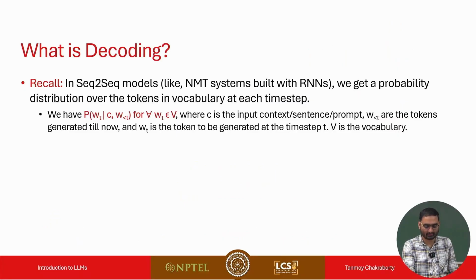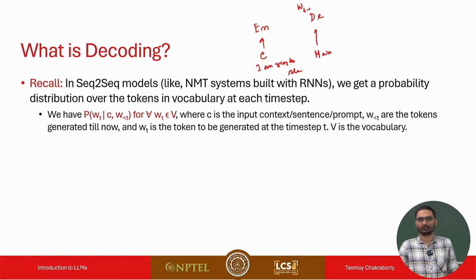As I mentioned, in a sequence to sequence model you are given a prompt, an input C, which is the input to your encoder, and to your decoder you have already generated things till t-1. Let's say the input is "I am going to school" and the output you have already generated is "may".